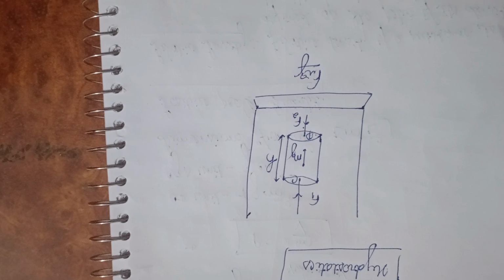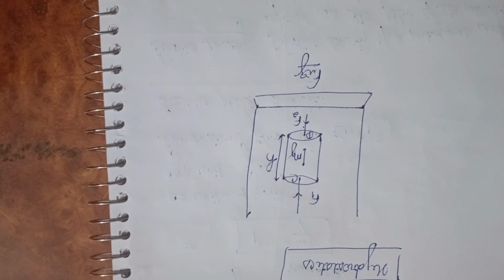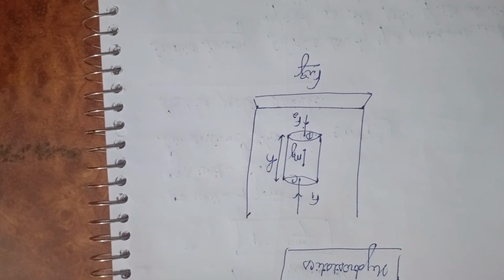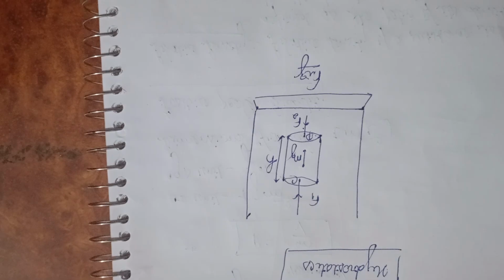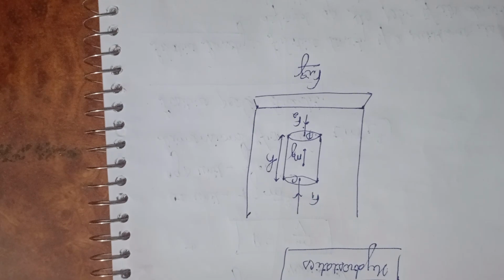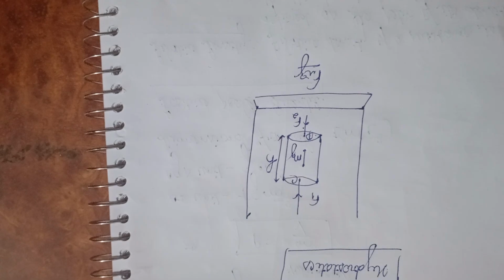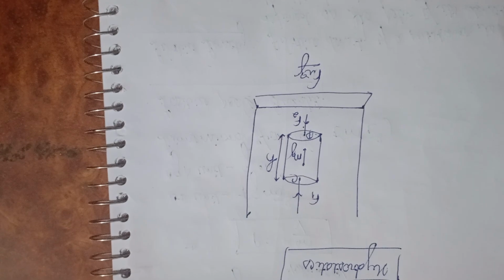If the point C is shifted to the top of the liquid surface which is exposed to the atmosphere, then P1 can be replaced by atmospheric pressure PA. If P2 is equal to P, then total pressure at point D is given by P minus PA is equal to H rho g, or P is equal to PA plus H rho g.